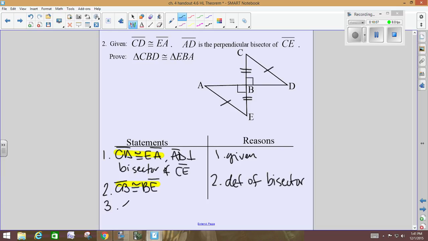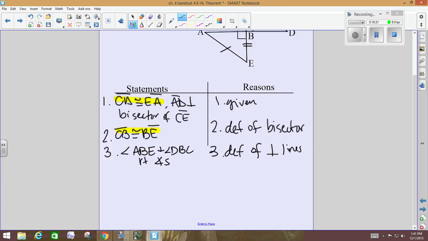Because of the perpendicular lines. Good. So angle ABE and angle DBC are right angles by the definition of perpendicular lines. Therefore, triangle ABE and triangle DBC are right triangles by the definition of a right triangle.